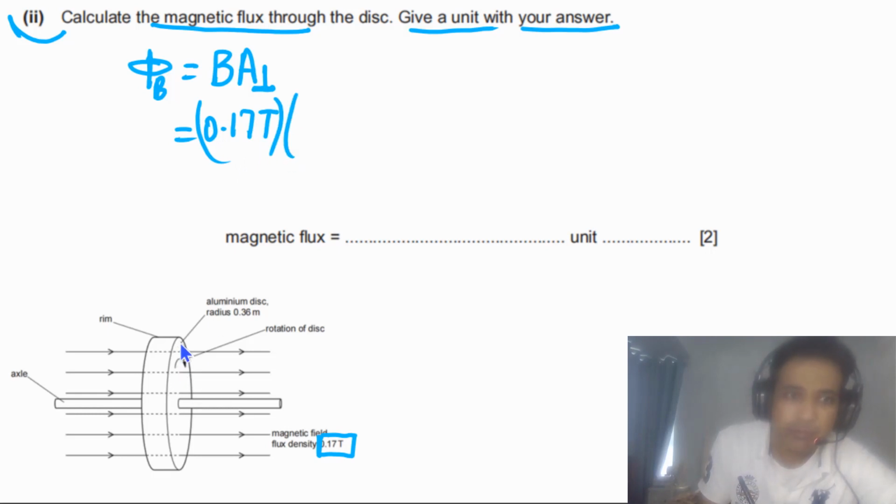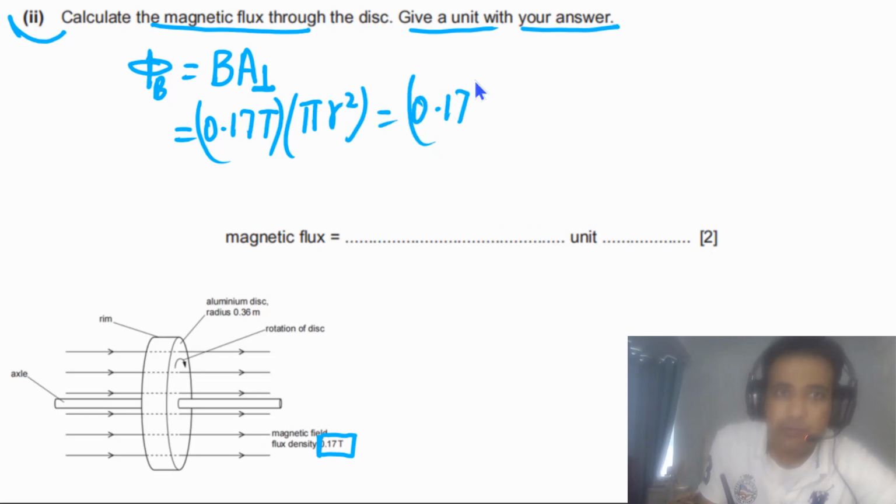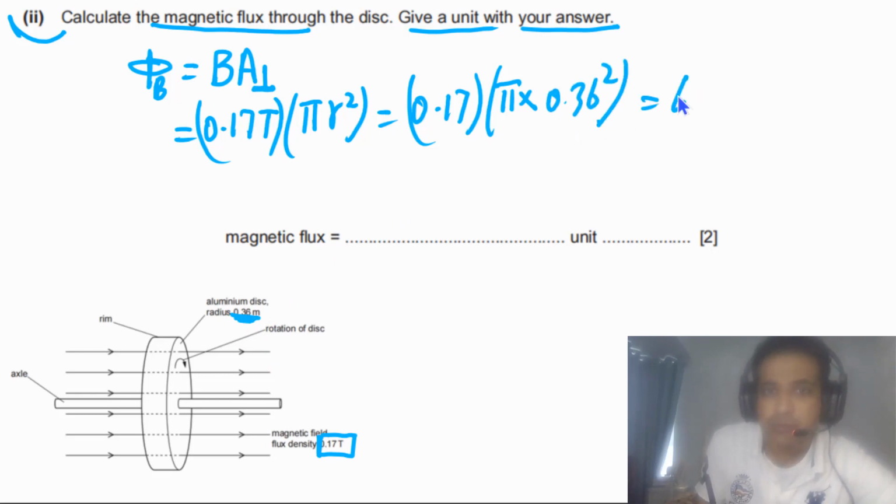Area perpendicular means the area of the disc. This is a circle, so it has to be pi r squared, and the radius is given. So this is 0.17 times pi times 0.36 squared. If we solve this, we will get 6.9 times 10 to minus 2 Weber.